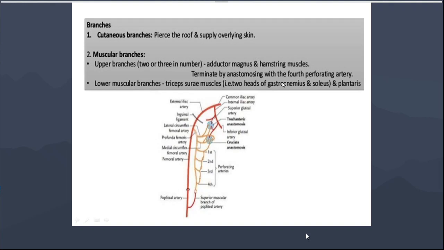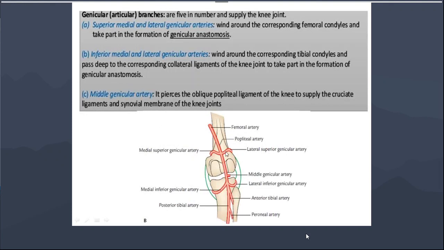This is the superior, this is the inferior, and this is the middle. On the superior side, medial and lateral; on the inferior side, medial and lateral inferior genicular artery; and then only one in the middle, the middle genicular artery.